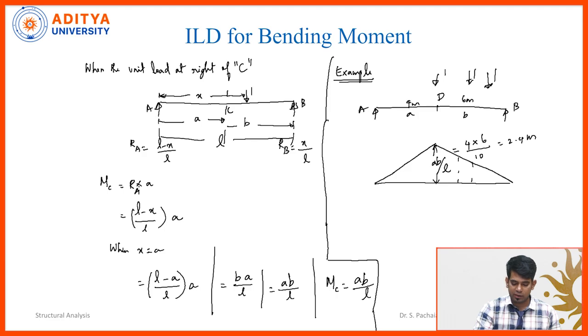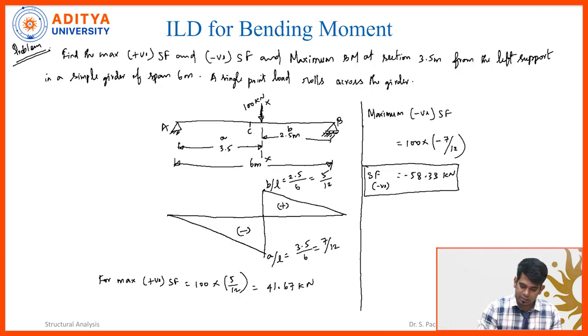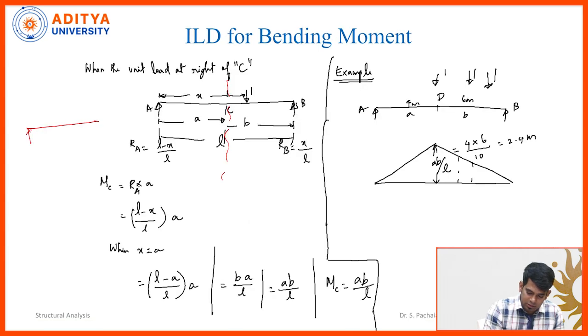Just to cross verify that, what I am going to do is take moment at C. I have calculated from the RA value, and now I am going to go from right to left to cross verify that value. So taking moment at this location, RA multiplied by the linear distance A. Why is it the linear distance A? Once you can see here, this is the simply supported beam, and this is our X section, this is our A distance.